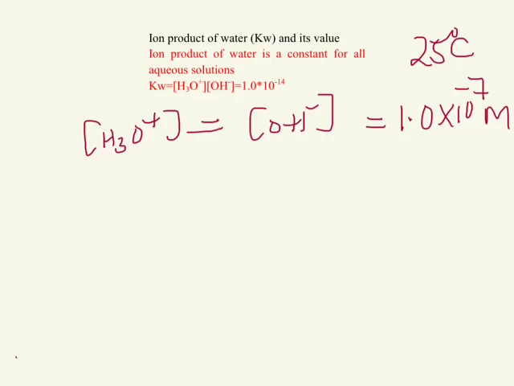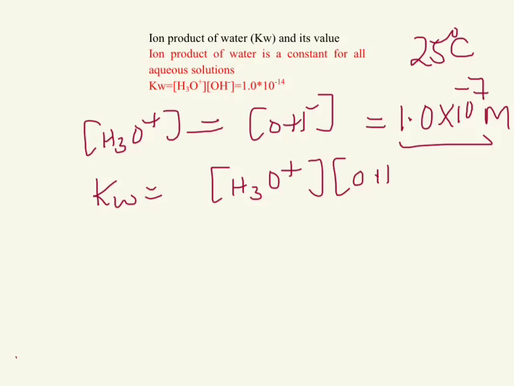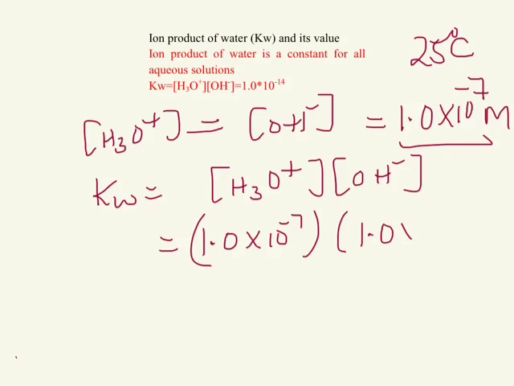So if I write down Kw, which is [H3O+] times [OH-], for pure water it is 1.0 times 10 to the negative 7th multiplied by 1.0 times 10 to the negative 7th.